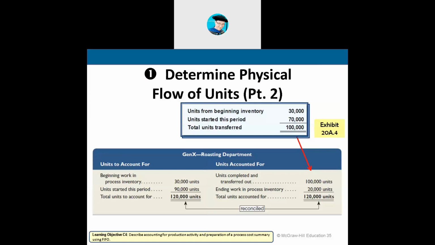Beginning work in process inventory plus units started during the period gives us 120,000 units. On the other side, units transferred out plus ending work in process inventory are also 120,000 units. The two equal.